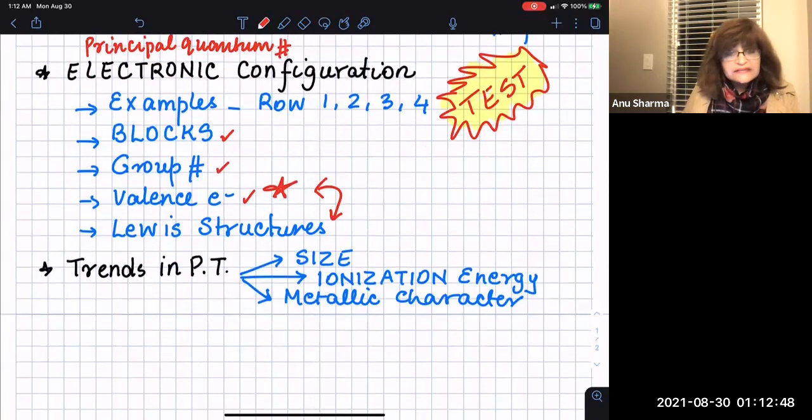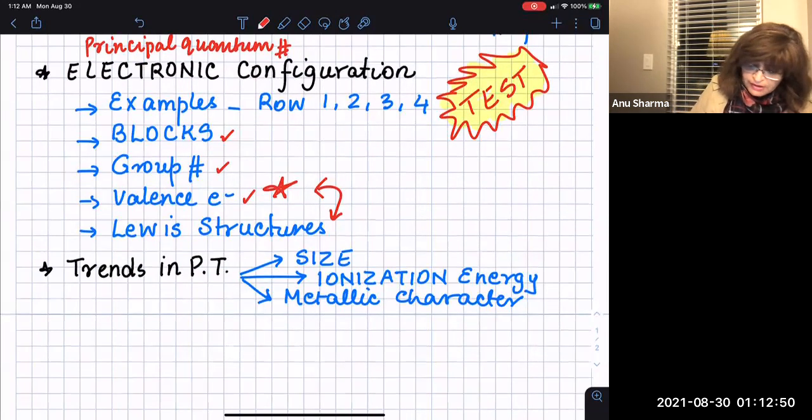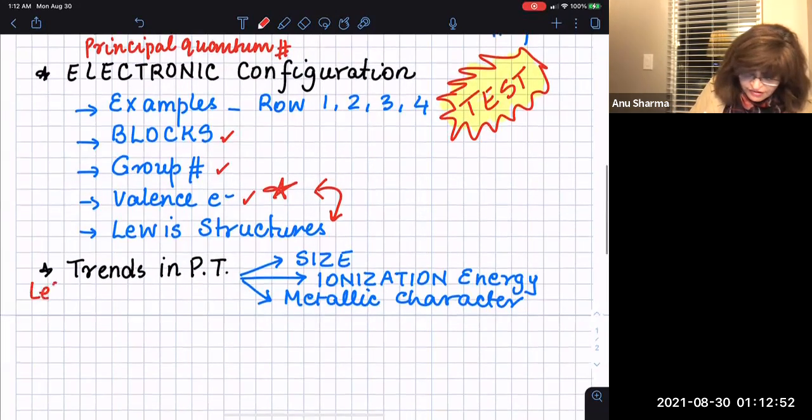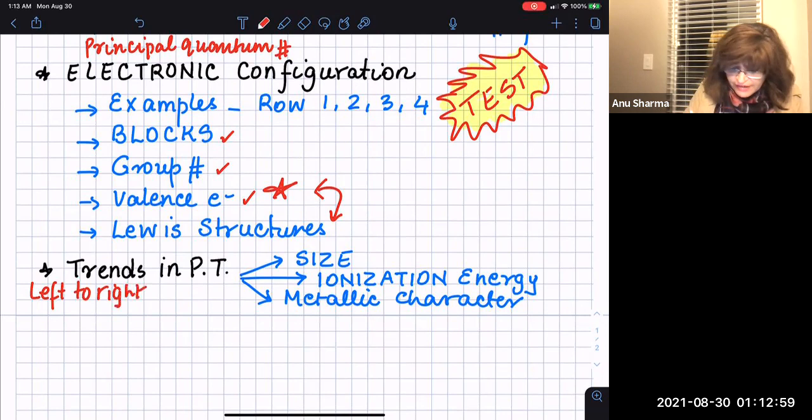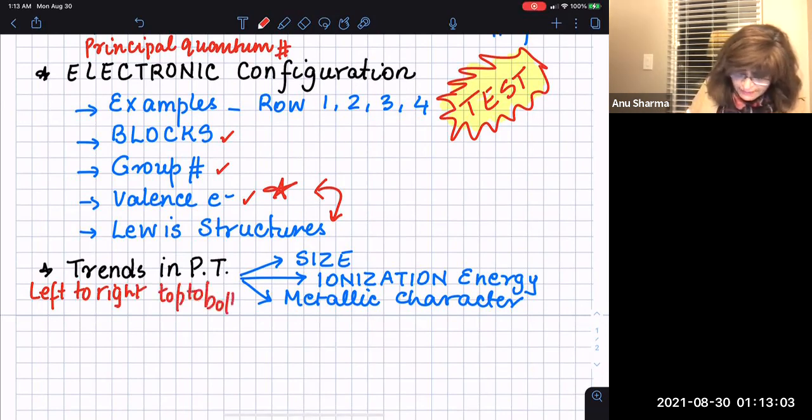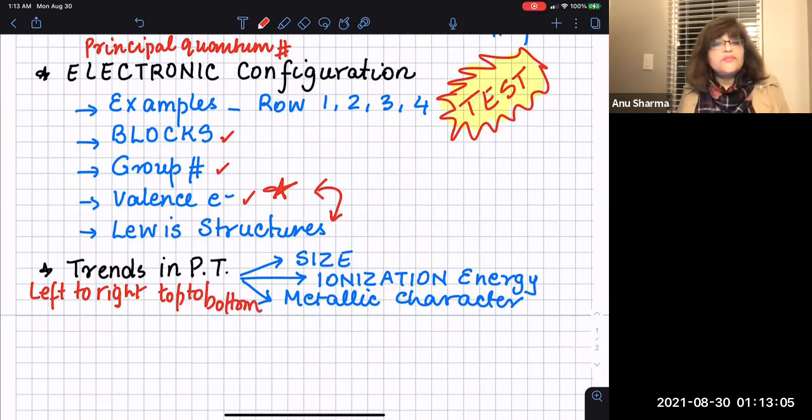We're going to look at the size: when you move in the periodic table from left to right, what is the trend? Or when you move from top to bottom, what happens? What's the trend? Whether the size increases or decreases, the ionization energy decreases or increases.